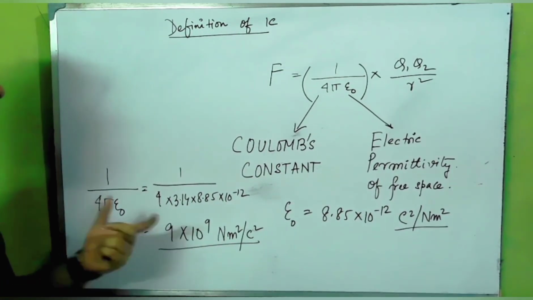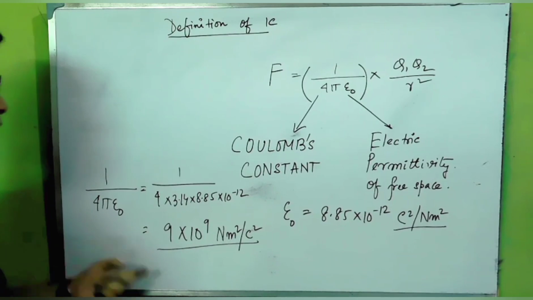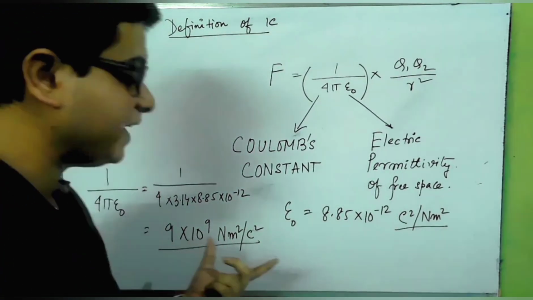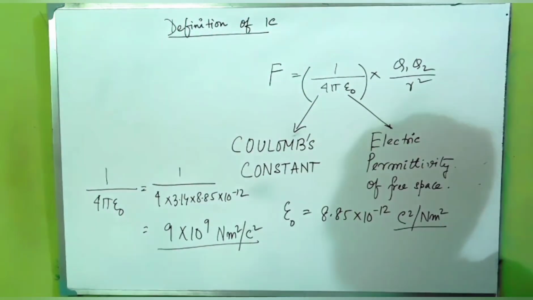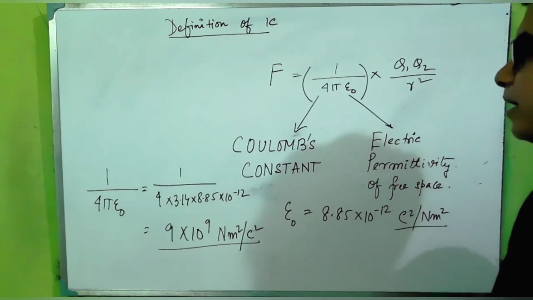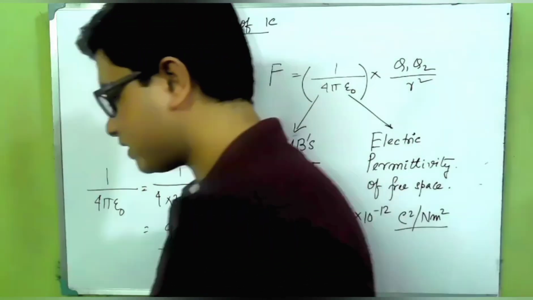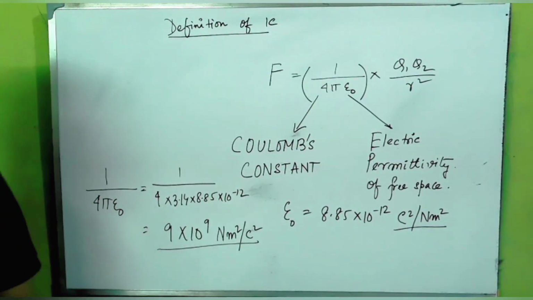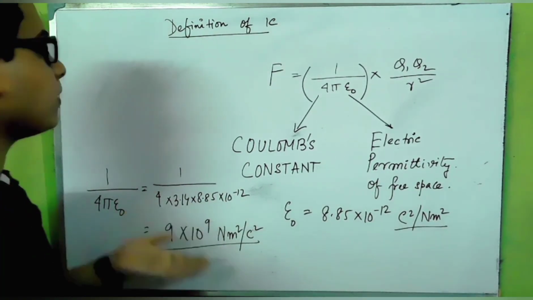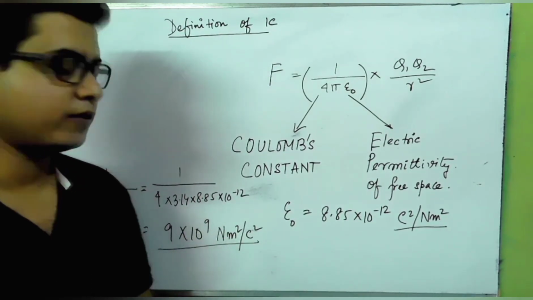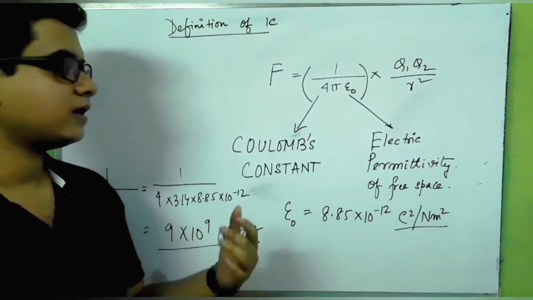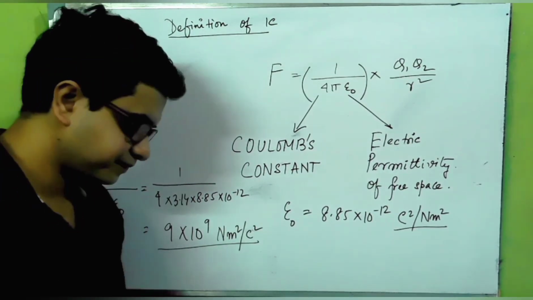And like epsilon, Coulomb's constant is also constant for free space, because if the medium changes, depending upon the value of epsilon of that medium, the value of Coulomb's constant is going to change. As we change the medium from free space to something else, the value of Coulomb's constant is going to decrease, because epsilon is going to increase for any medium other than free space.